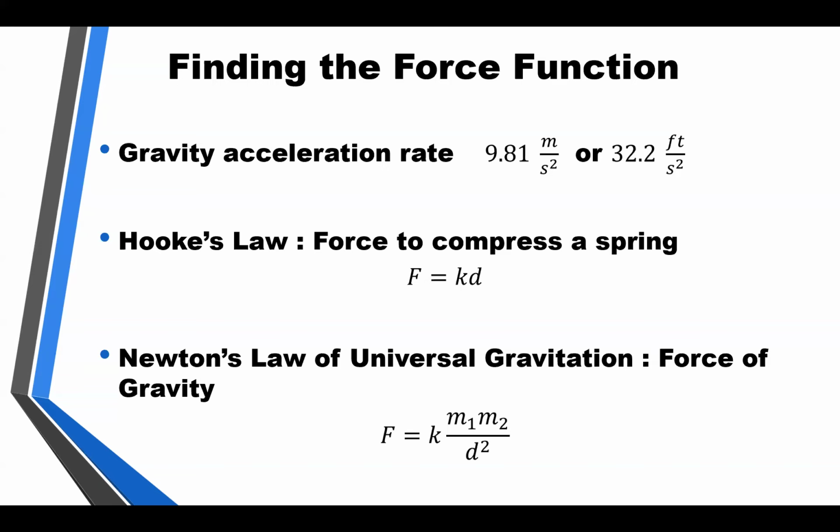One piece of information that we can use to find a force function is that the gravity constant, or the gravity acceleration rate, is 9.81 meters per second squared, if we're talking about meters, or 32.2 feet per second squared, if we're talking about feet.